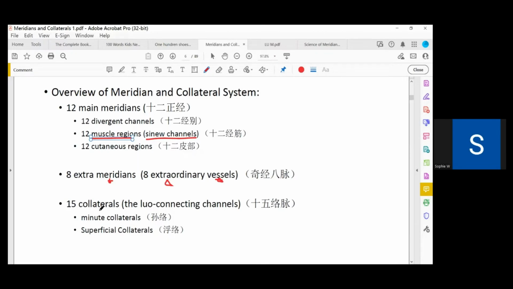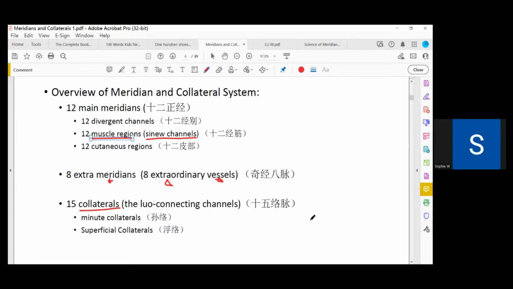The 15 collaterals, we know the collaterals are relatively superficial, the most superficial. And there are some collaterals even more superficial, like the minute collaterals and superficial collaterals.